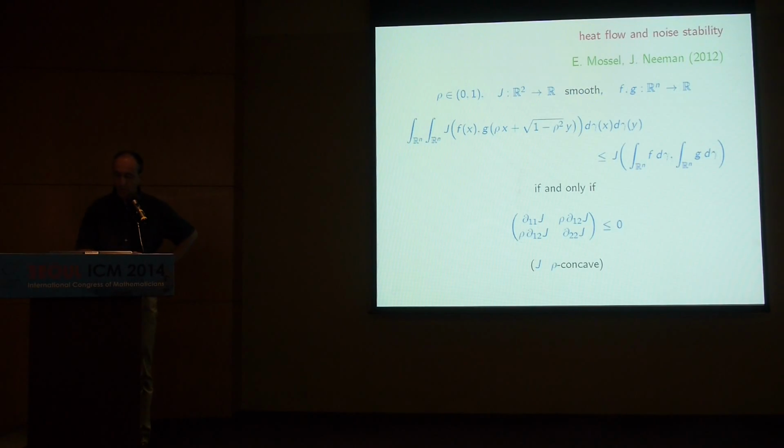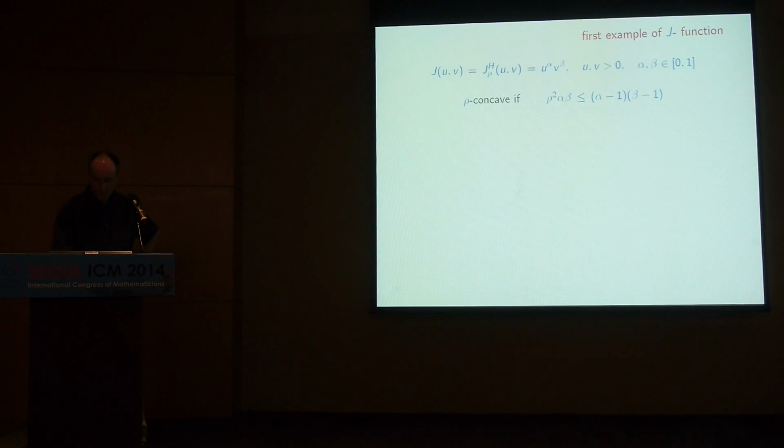So once you have such an inequality, of course, one has to look at examples of functions J for which this is of some interest. Here's one first example. We take a power-type function on R_+ times R_+, u to the alpha, v to the beta, for alpha and beta in between 0 and 1.